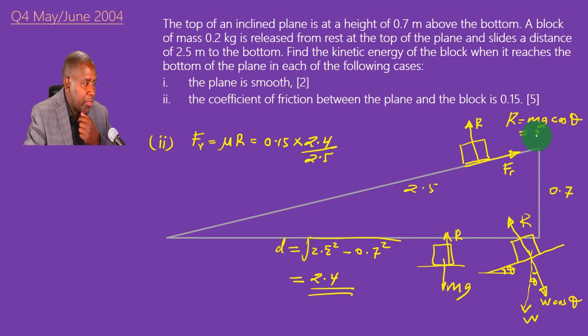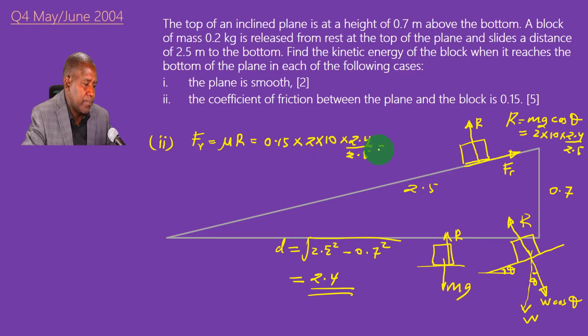Mg will be 2 times 10, then times 2.4 over 2.5. So this is not the value of R. The value of R is supposed to be 2 times 10 times 2.4 over 2.5, that is mg cos theta.